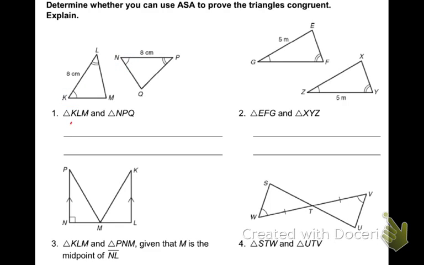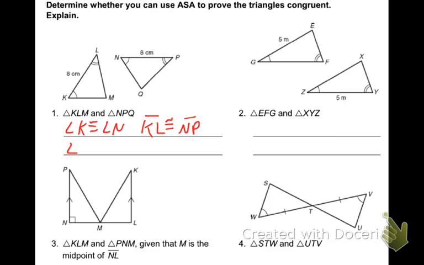So angle K is congruent to angle N. What do I know about my side lengths here? They're both 8 centimeters. Would that mean my side lengths are the same measure? Yes. So I could say KL is congruent to NP. Does everybody agree with that? Yeah. Great.